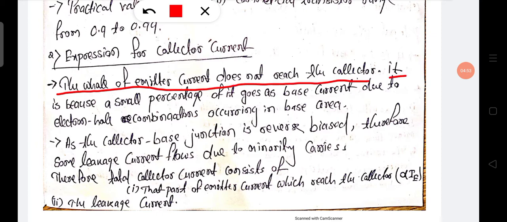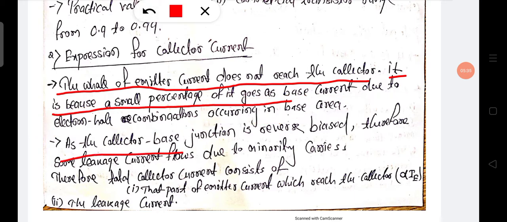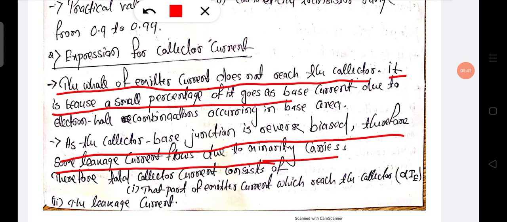A small percentage of it goes as base current due to electron-hole combination occurring in the base region. Also, as the collector-base junction is reverse biased, some leakage current flows due to minority carriers.